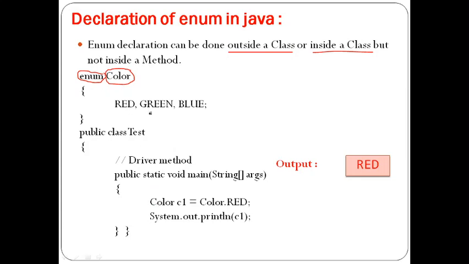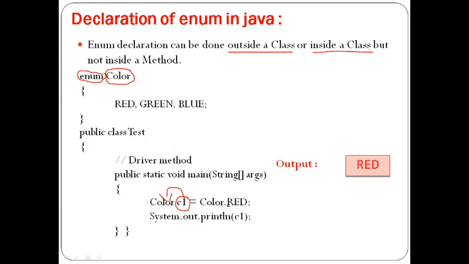I just discussed that by using enum we create our own data type. So here I created an object called c1 of type Color. The type of c1 is Color. Like that we are creating a data type. We created an object c1 of type Color, and the value I am assigning to c1 is Color.RED.